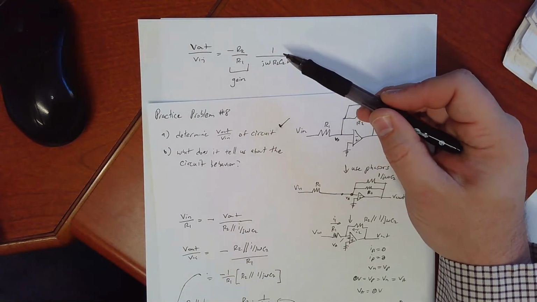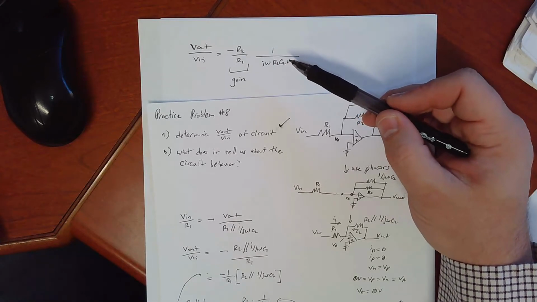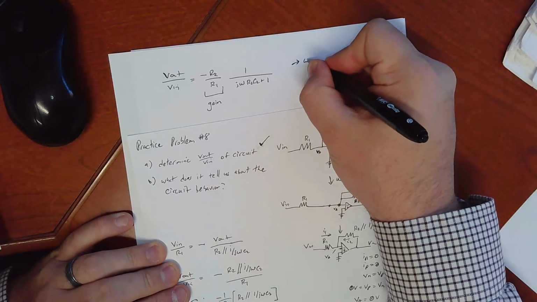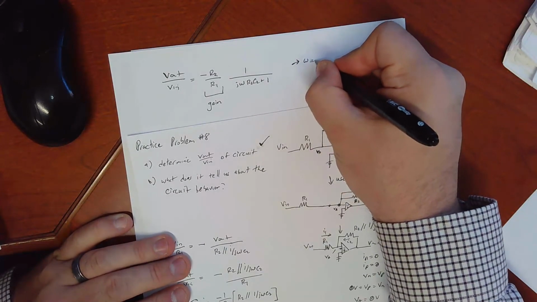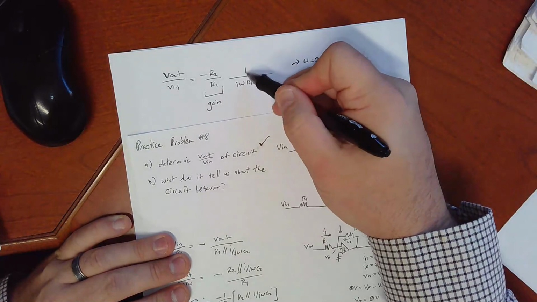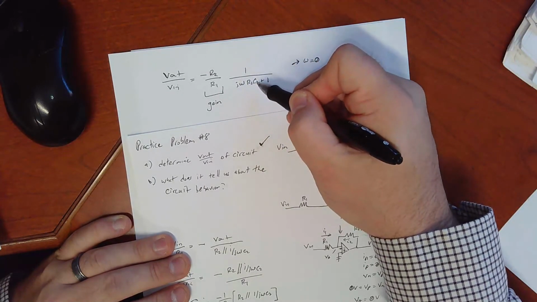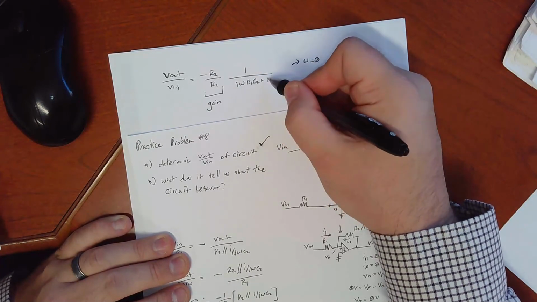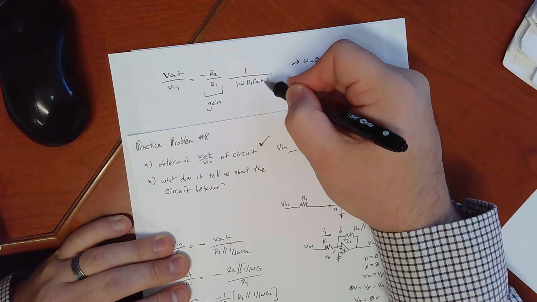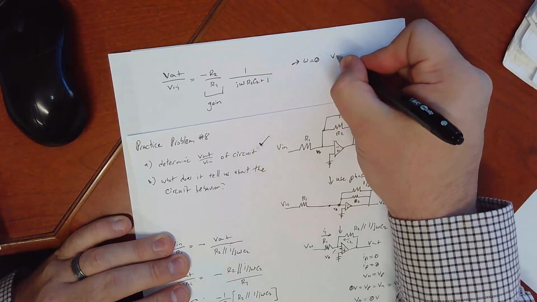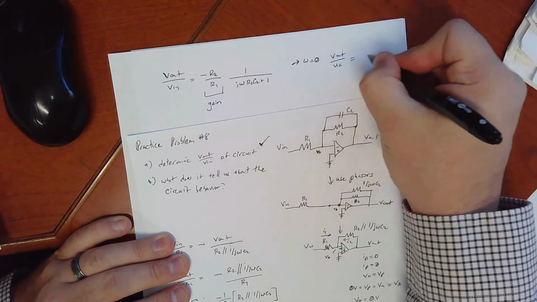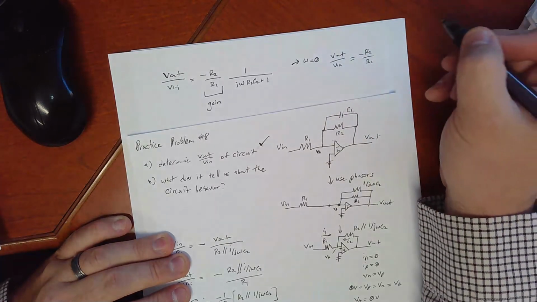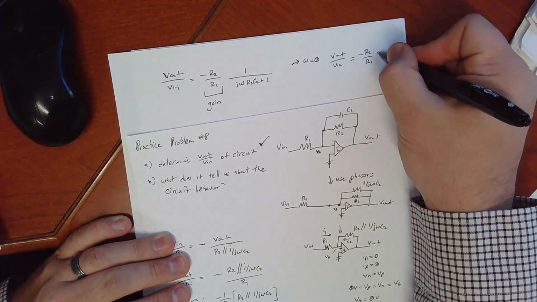This extra term, well, let's see what's going on, right? So if omega is equal to 0, this whole term here is 0. 0 plus 1 is 1, right? So in that case, 1 divided by 1 is 1. So at 0, then V out over V in is equal to minus R2 over R1, so times 1, right?